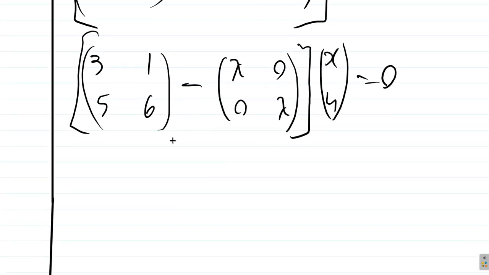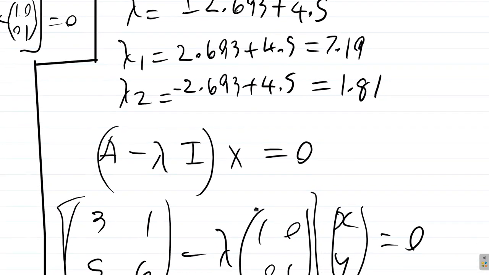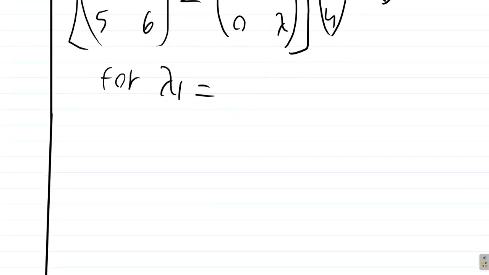Now, for lambda 1, we're going to work with lambda 1 equal 7.19 and see how things work out there.